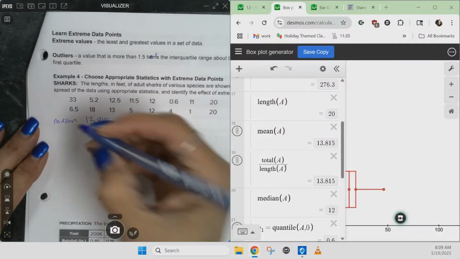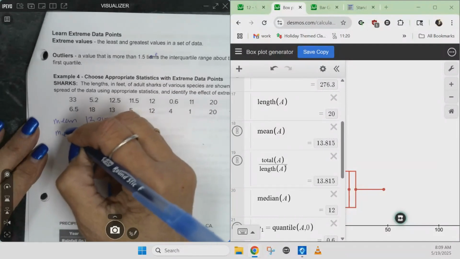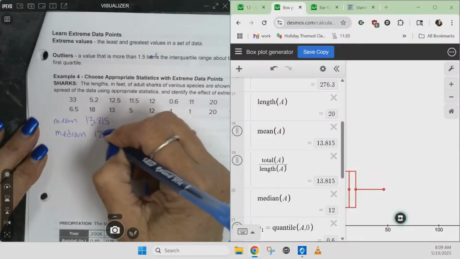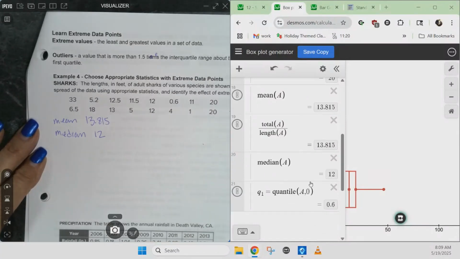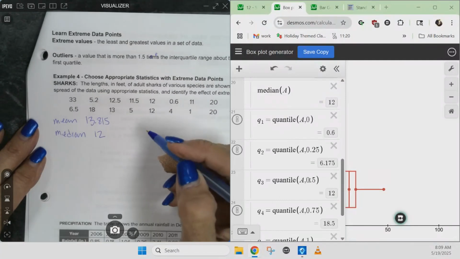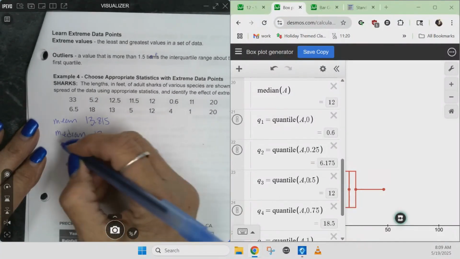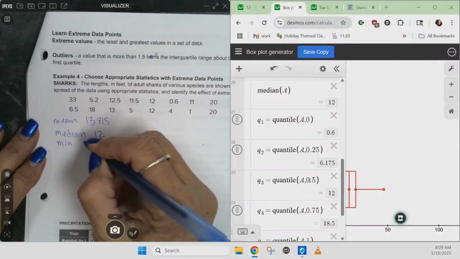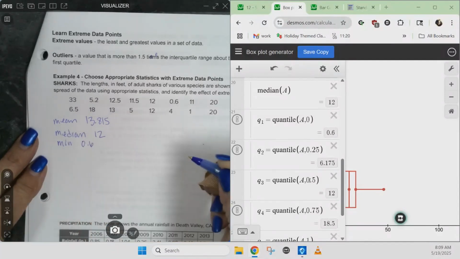Our median is 12. Remember, when it says quantile 1, that's talking about the minimum. And so that is 0.6.